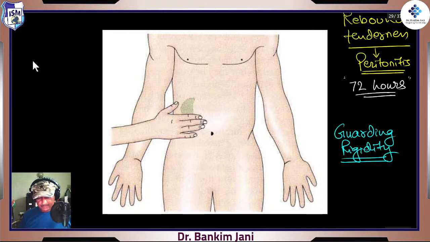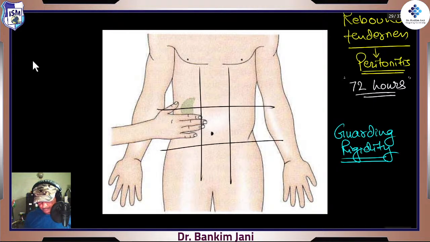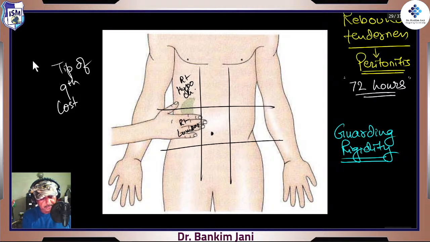See, this is actually the Murphy's sign, right? So if we actually divide, this is the right hypochondrium, and this one would be the right lumbar, correct? So it is this area that we are palpating. Typically, if it is asked in an exam where you will place your fingers, it is the tip of the ninth costal cartilage.